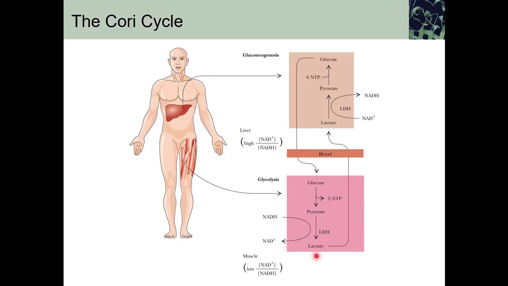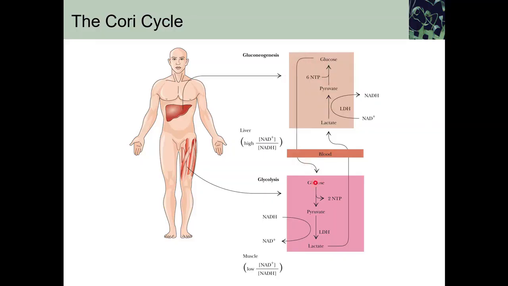Now, the lactate that builds up is transported through the bloodstream to the liver. The lactate is oxidized by NAD plus, becoming converted to pyruvate, and then this pyruvate is used in the synthesis of glucose through gluconeogenesis, and that glucose is then transported back to the muscle.